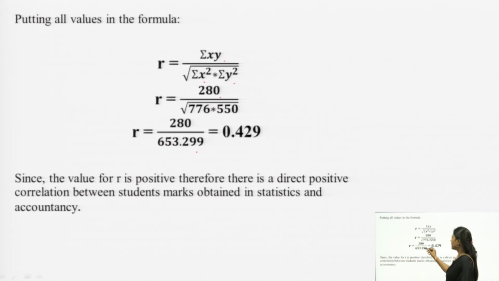When I divide these two values, I will have 0.429. We have already discussed that the relationship between two variables always has a value between +1 and -1. That means the correlation between two variables always lies from -1 to +1.